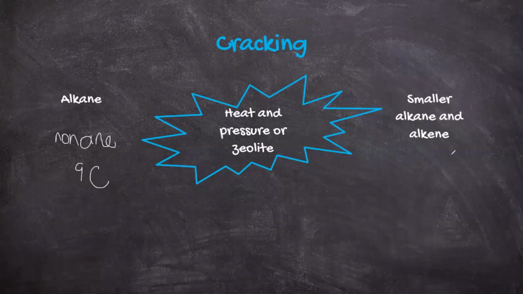They have to. And they will be telling you at the same time which one has cracked down into an alkane and which one has cracked down into an alkene. So you always have to have one alkane and one alkene when you're cracking.